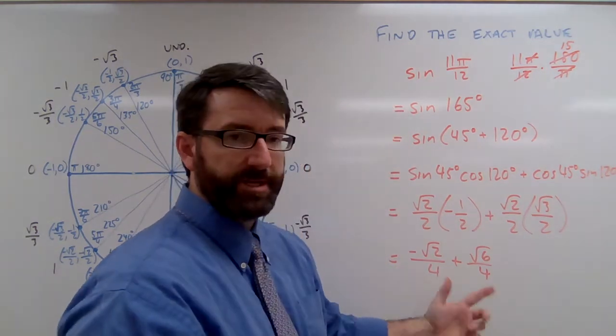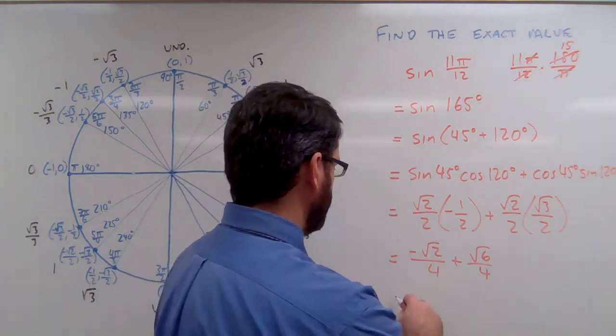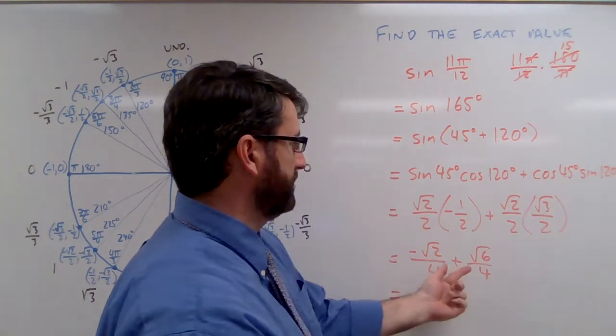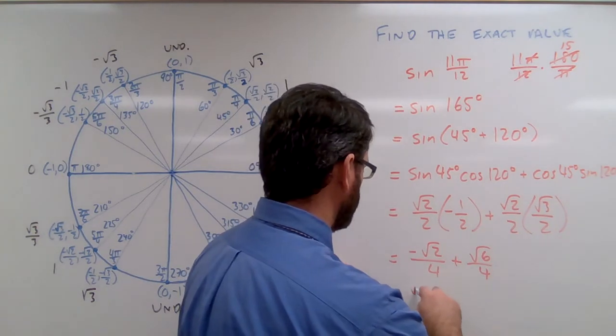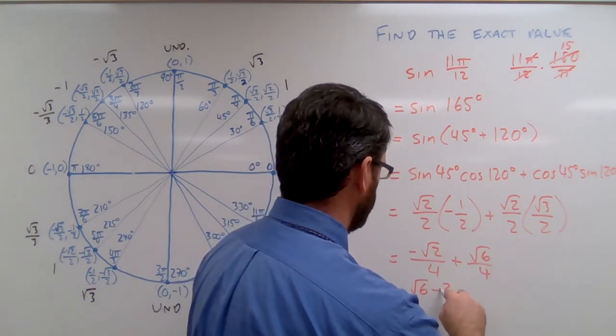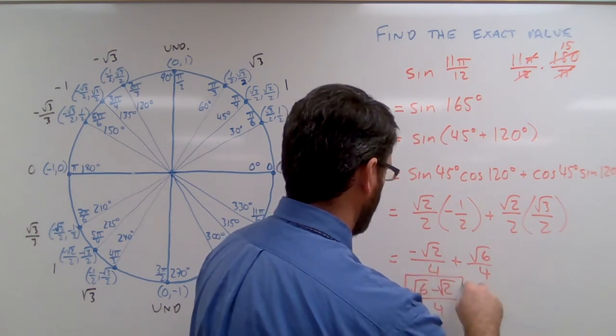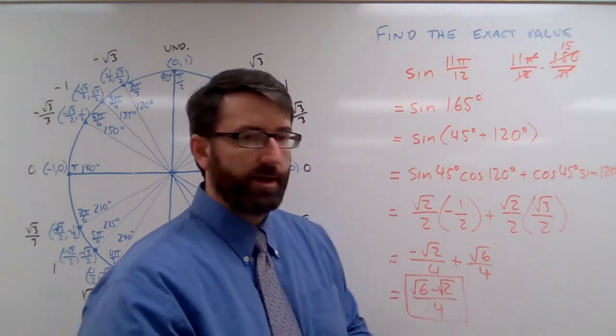So now we have a common denominator here. We can write this as negative square root of 2 plus square root of 6, or square root of 6 minus the square root of 2, divided by 4. And that's going to be our answer.